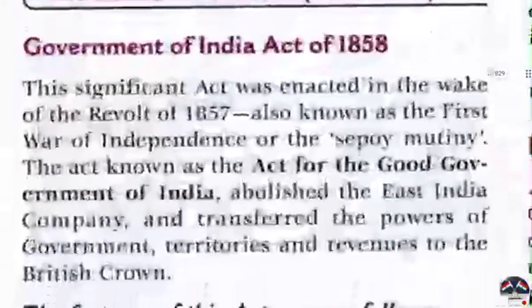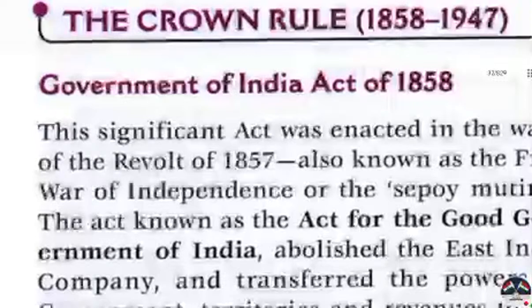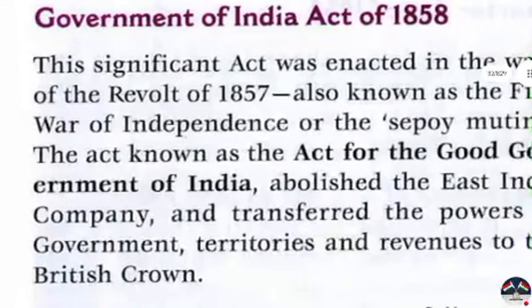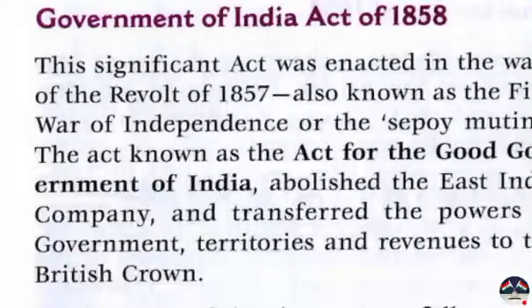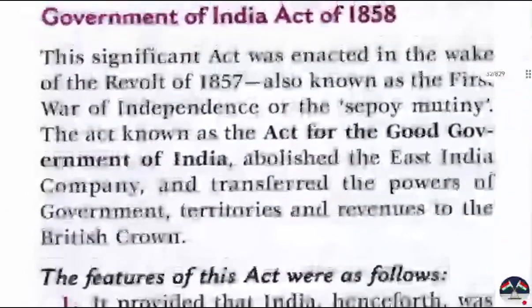So this was the company rule, and now we'll know about the crown rule. In crown rule, the Government of India Act of 1858 was the first act. What does this act say?